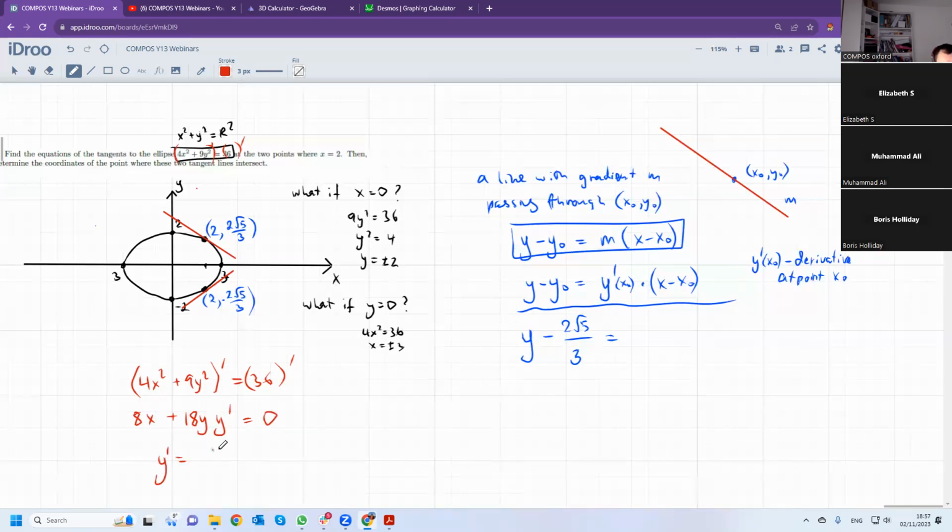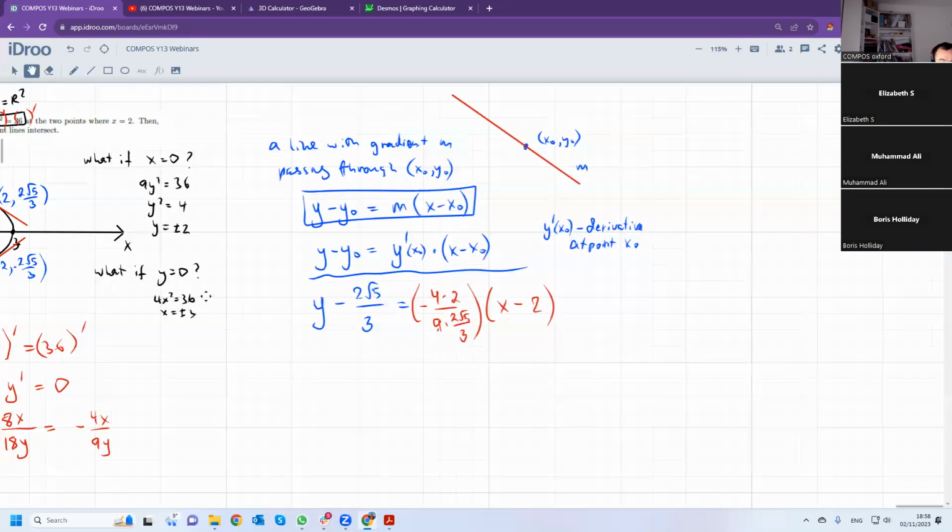So y prime is going to be minus 8x over 18y, which is minus 4x over 9y. So this is going to be minus 4 multiplied by x, which is 2, divided by 9 multiplied by y, which is 2 square root of 5 over 3, multiplied by x minus x0, so x minus 2.